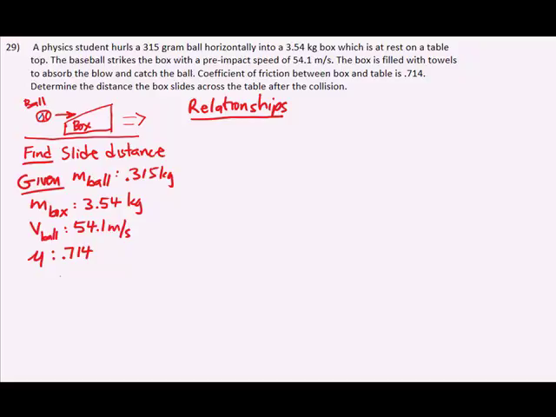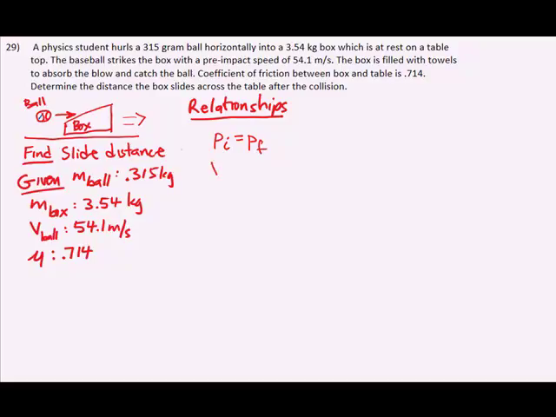So what relationships are we looking at here? One I can identify is that our initial momentum is going to equal our final momentum before and after the collision between the ball and the box. The other thing we're going to be looking at is how far this is sliding. We could figure out time, but let's not.